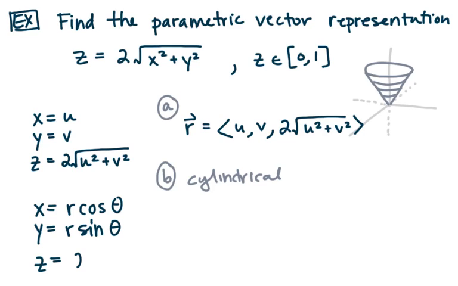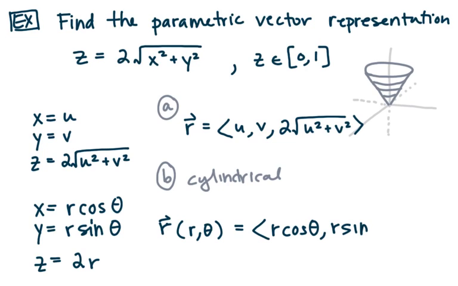That would be 2 times r. So here we could write r, instead of using u and v, we can always use different variables. So we'll say r and theta. And parameterizing that in cylindrical form, we would have r cosine theta, r sine theta, and 2r.